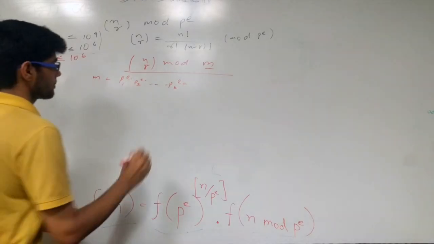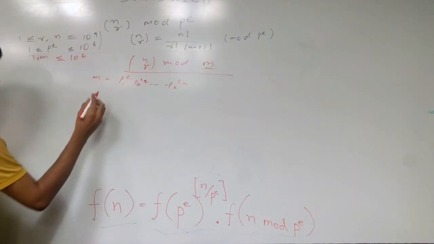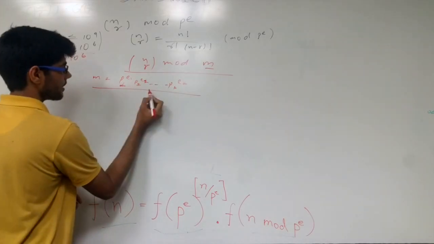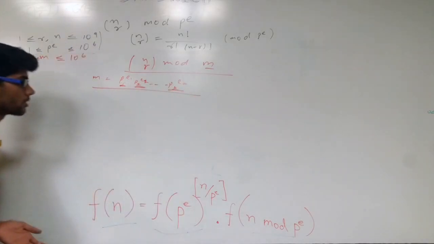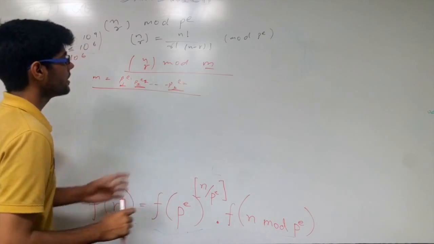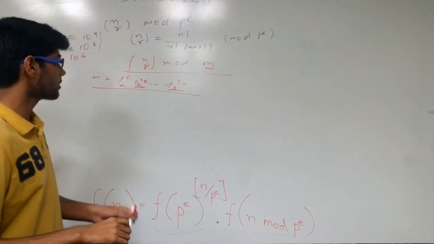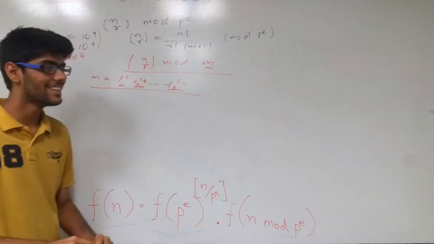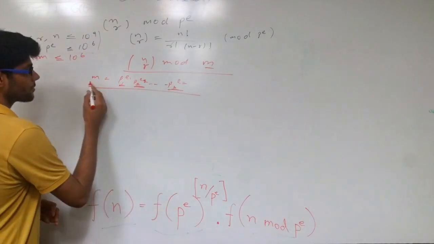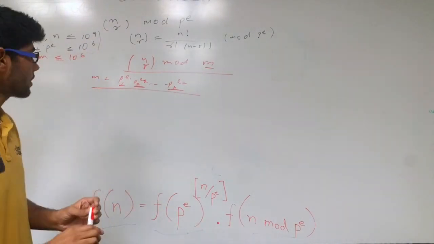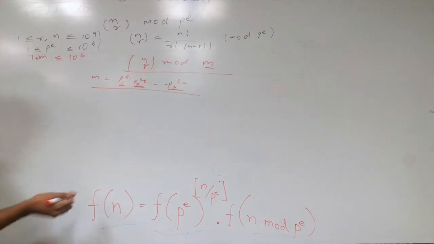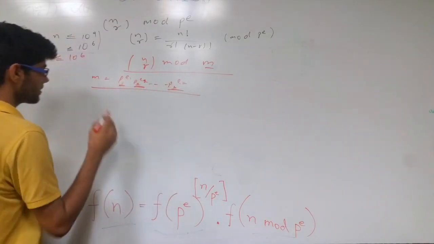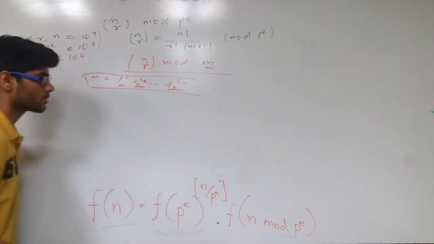Now we can find the value of NCR mod p1 to the e1, mod p2 to the e2, up to mod pk to the ek, and then use the Chinese remainder theorem to find NCR modulo the product of these. There is a link in the description if you want to learn about the Chinese remainder theorem. So if we have the values of NCR modulo pi to the ei, we can find NCR modulo m using the Chinese remainder theorem.